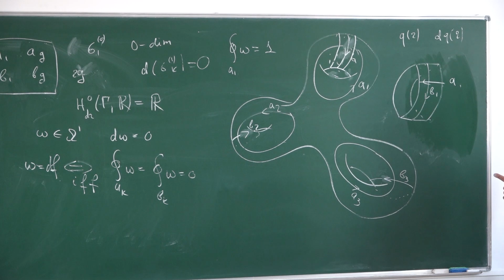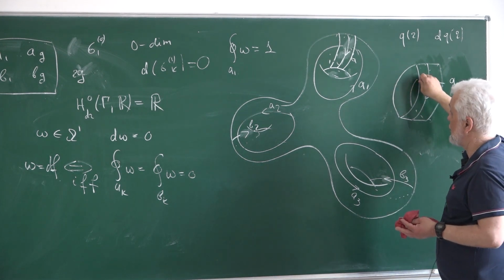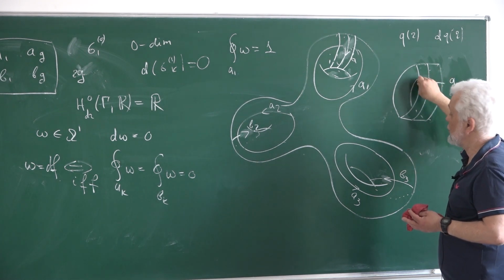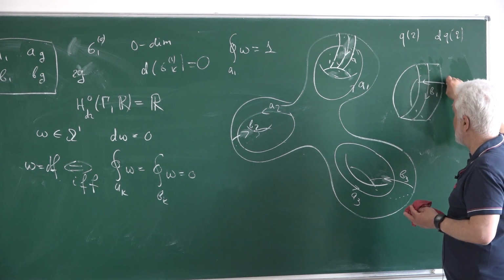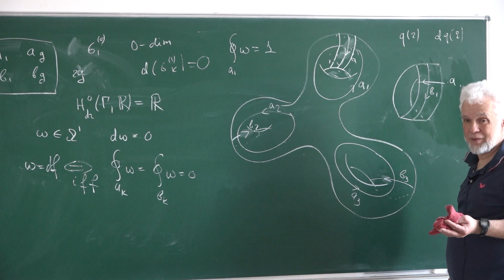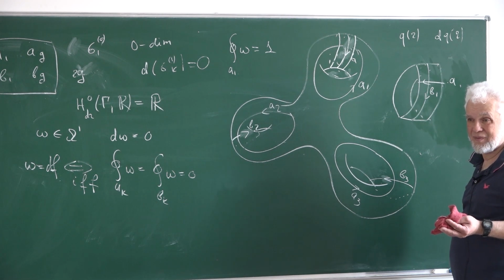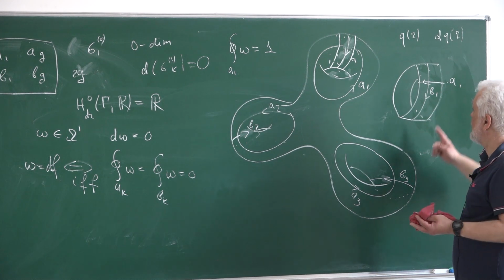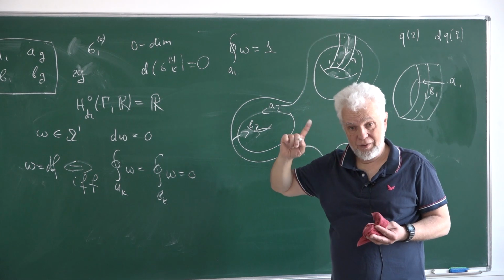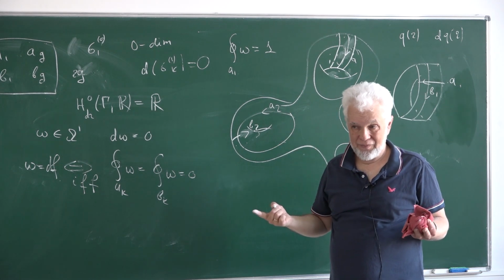Everywhere else, the differential is equal to 0. The integral over A1 is the value of function q here minus function q here. q is equal to 1 here, 0 here. Therefore, the integral over A1 of omega is equal to 1. Okay? The integral over B1 is equal to 0, and all integrals over all other cycles are equal to 0. I agree.